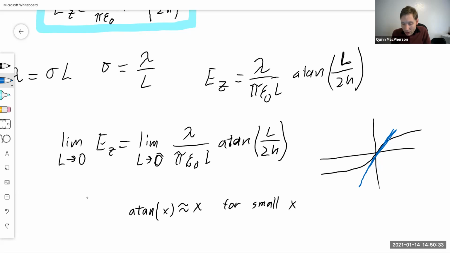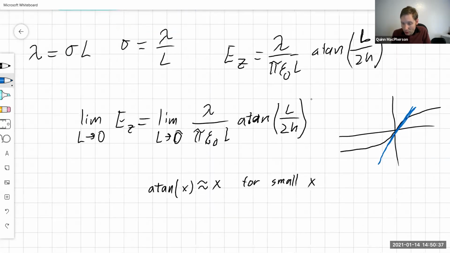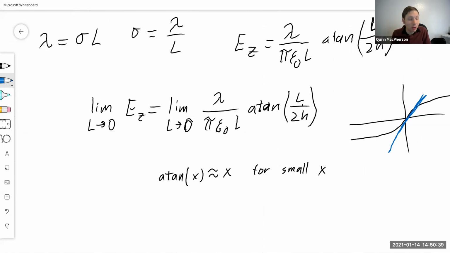Okay, so if you happen to remember that trick, then you can say in the limit this goes to 0, this thing in here becomes small. In fact, it becomes infinitely small. So this works really great.